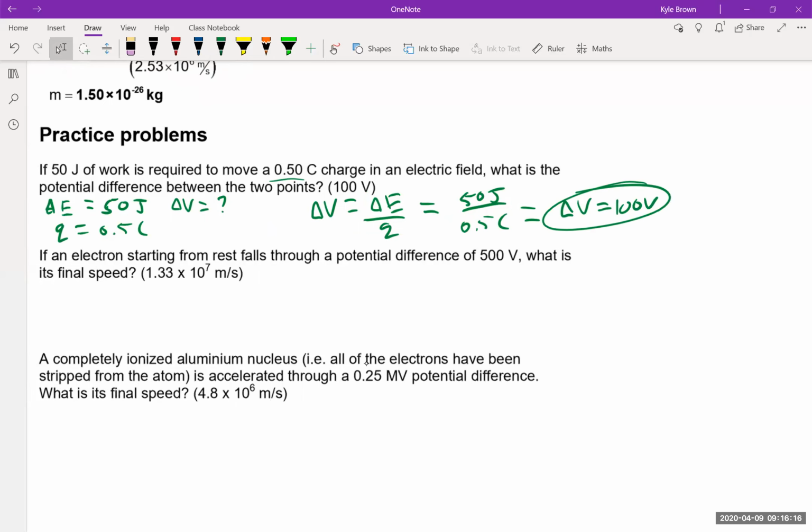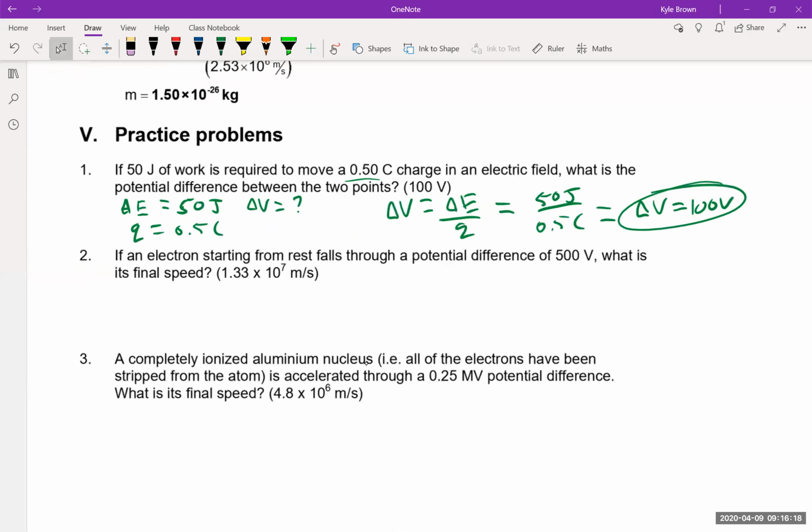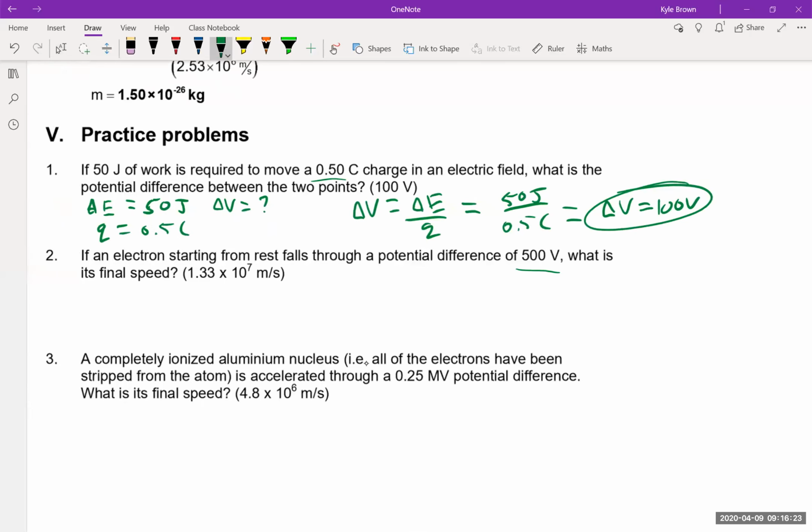Okay, next one. If an electron starting from rest falls through a potential difference of 500 volts, what is its final speed? All right, so let's write down what we know. Change in voltage is equal to 500 volts. And charge?